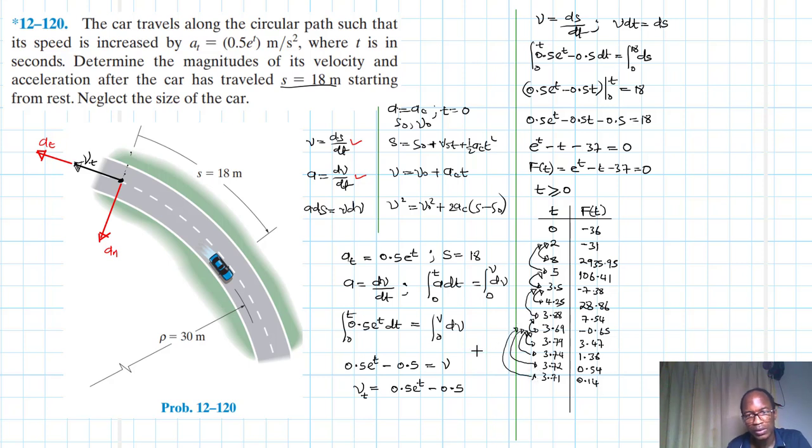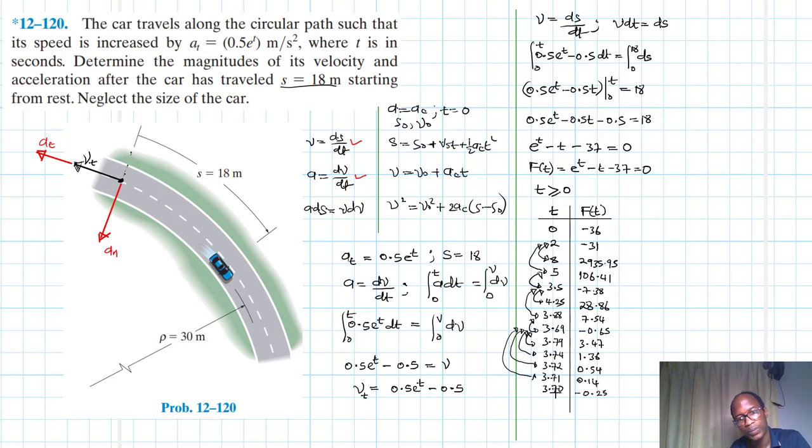Again, 3.71 plus 3.69 divided by 2. That's 3.7. Like so, it becomes minus 0.25.